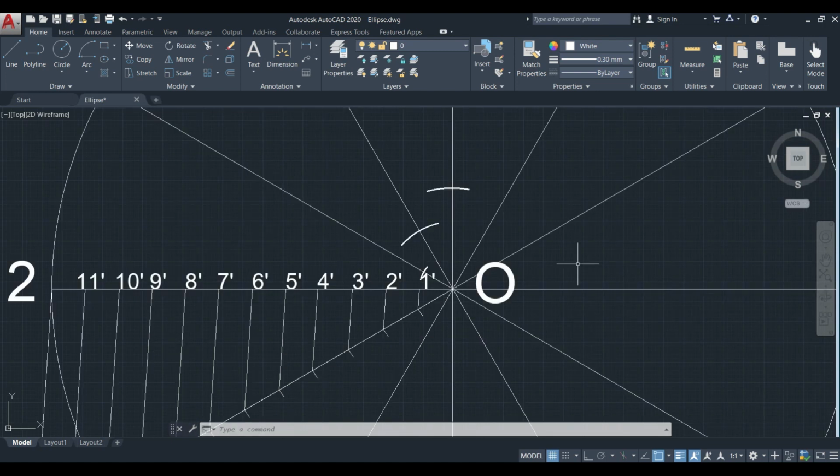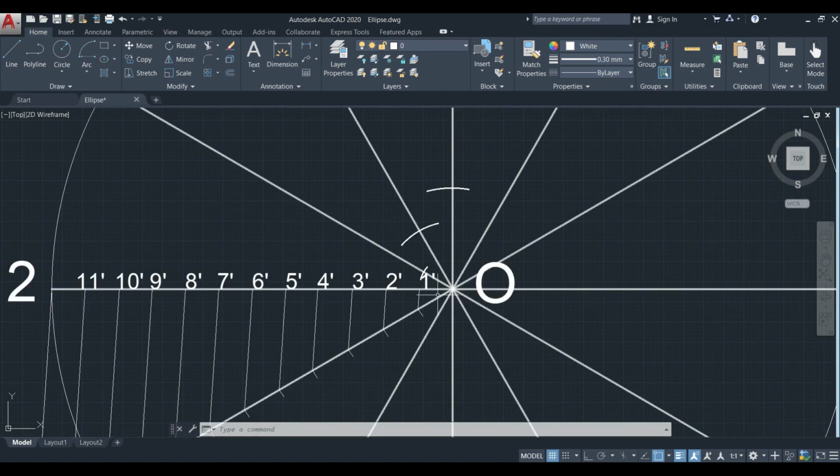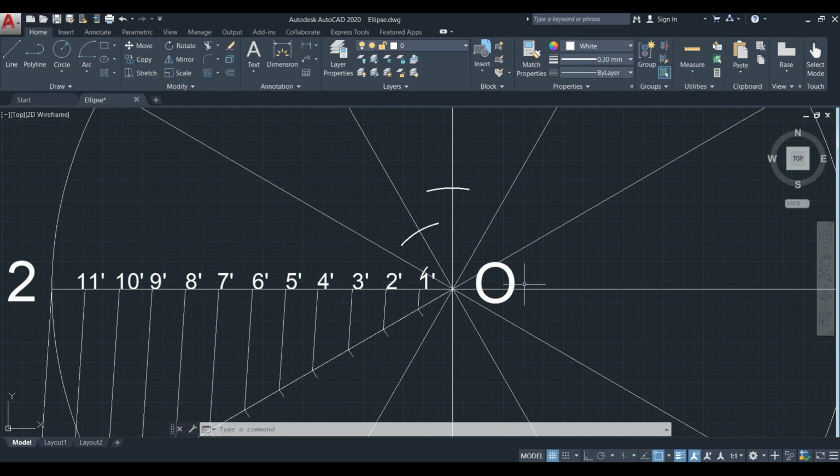Then repeat the same procedure for the remaining points on this straight line.